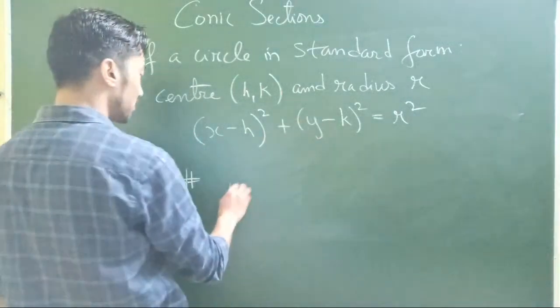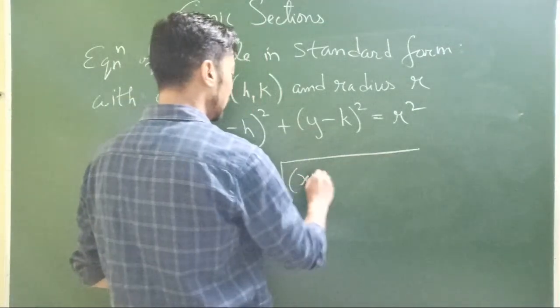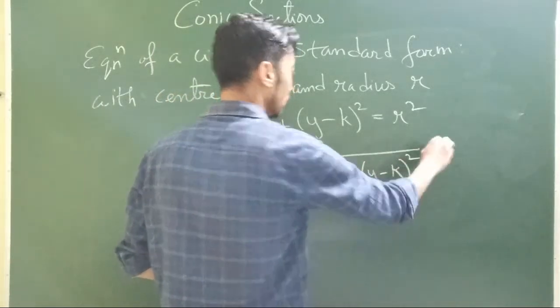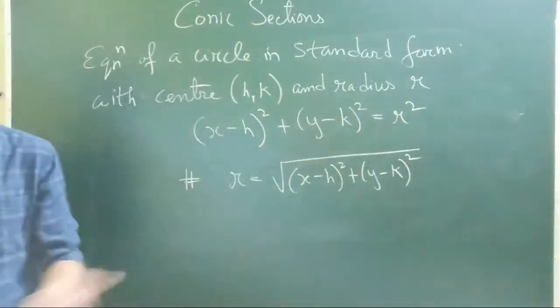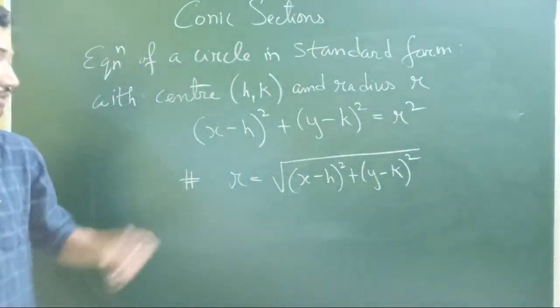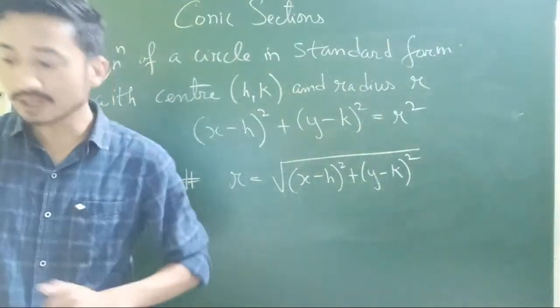If the center is given and you're told to find the radius, then r will be simply the square root of (x − h)² + (y − k)². So in that case, you can just use the standard equation to find the radius. Alright? Written?